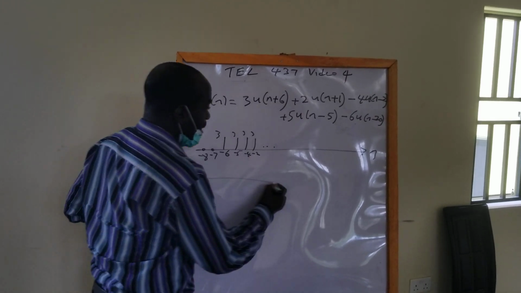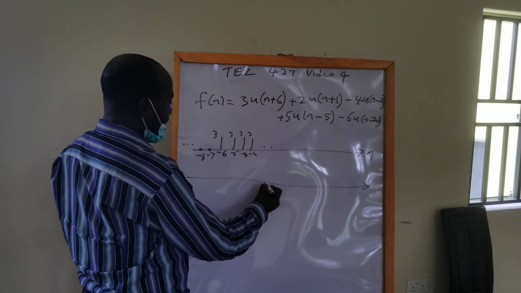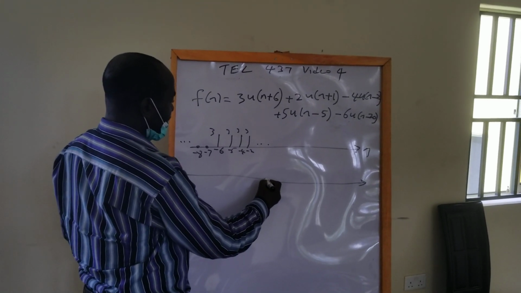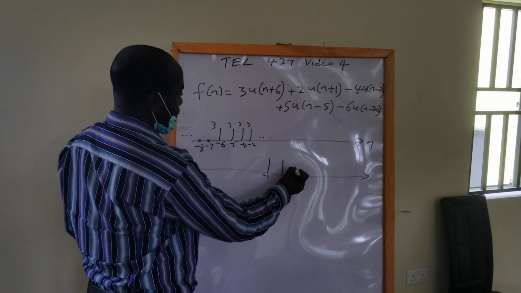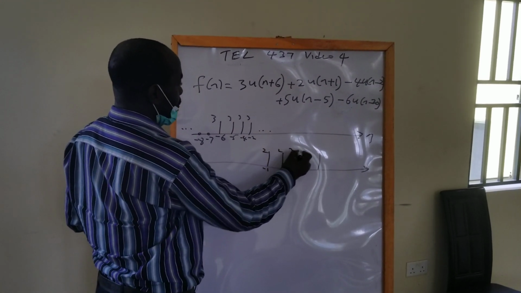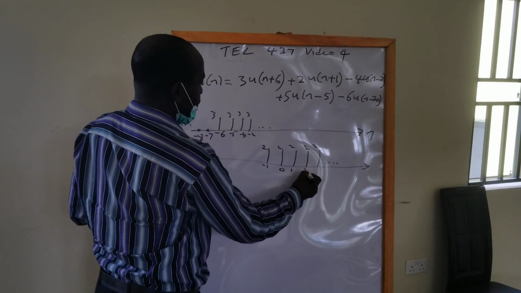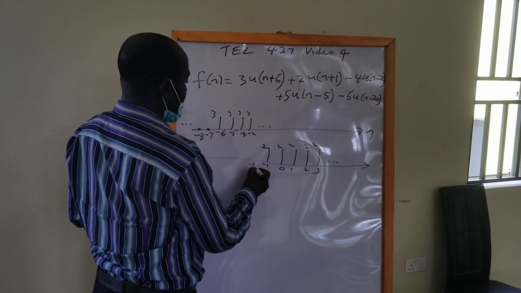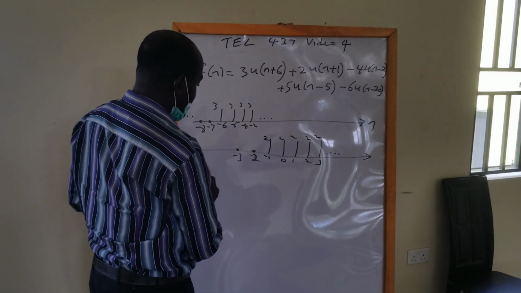Then the next one is going to start here at minus 1. At minus 1, that would be 2, 2, 2, 2, 2, at 0, 1, 2, 3. At minus 2 it is going to be 0. Minus 3 is going to be 0.